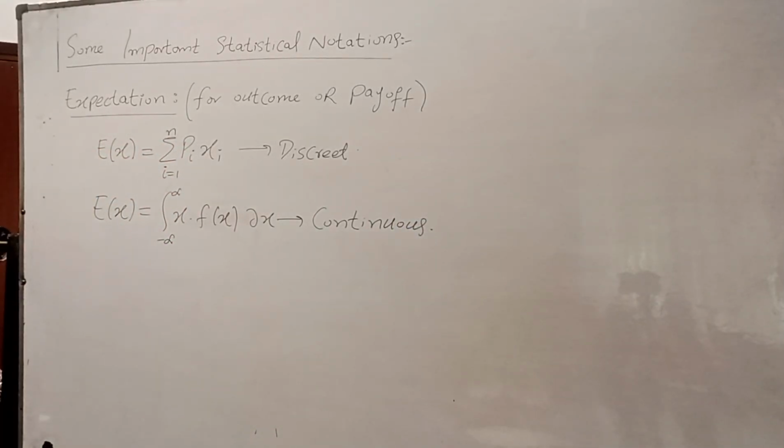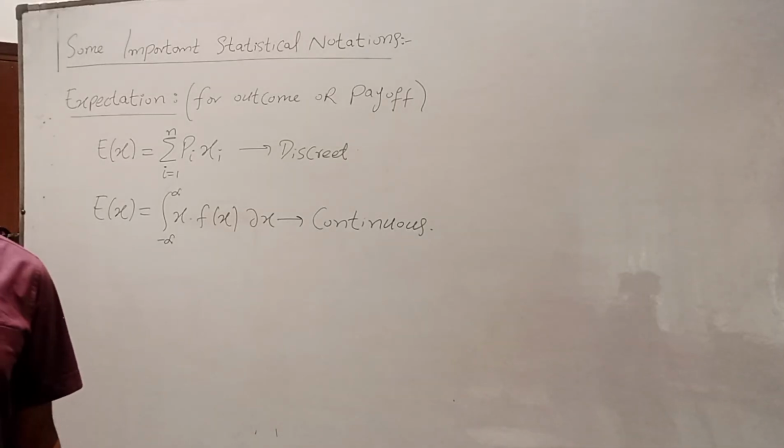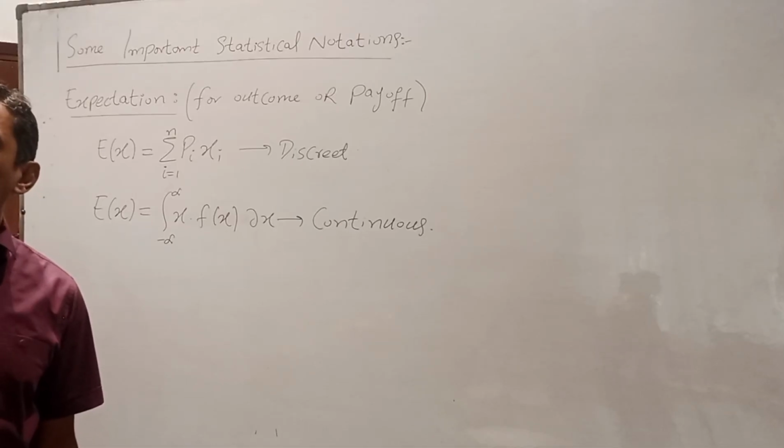And second, you have to minimize your risk. Okay, because being a rational individual or decision maker, first of all you have to realize the probability or the chance of outcome.